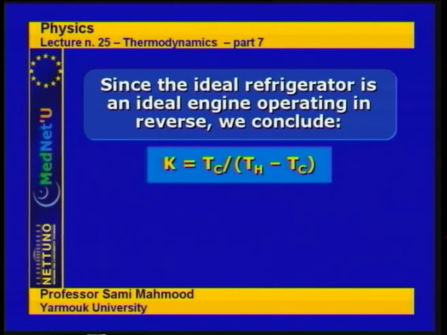If that's the case, then we again obtain that Q sub H over Q sub C is simply T sub H over T sub C, and replacing these terms in the coefficient of performance, if we go back to the coefficient of performance, which is Q sub C over Q sub H minus Q sub C, and we divide by Q sub H and then multiply by T sub C, we get this equation.